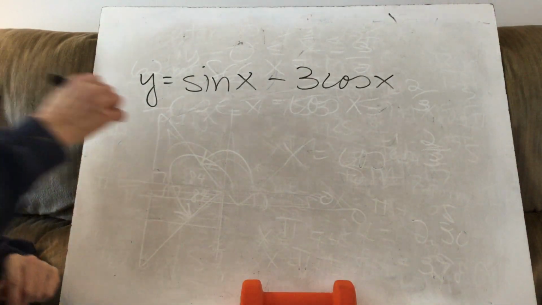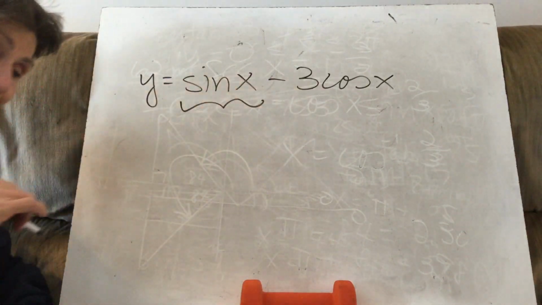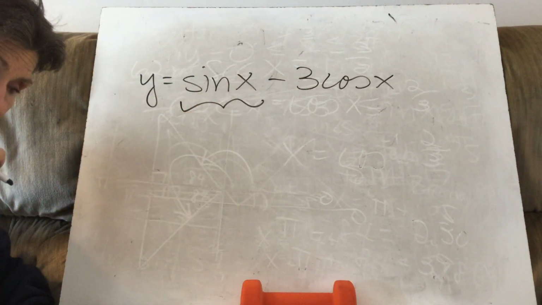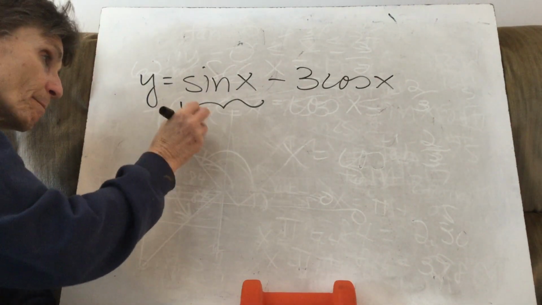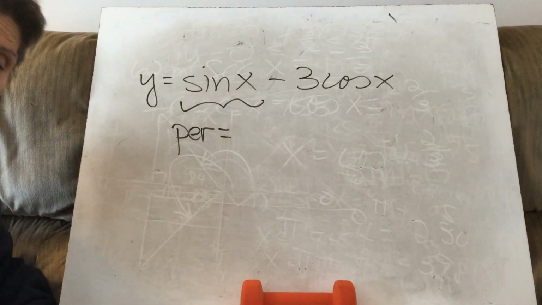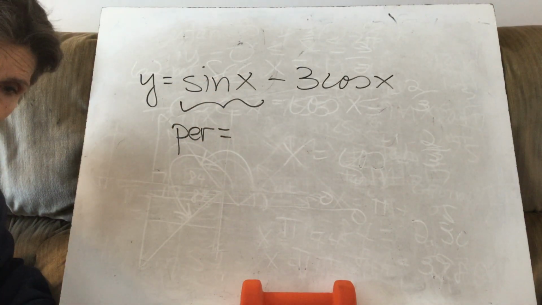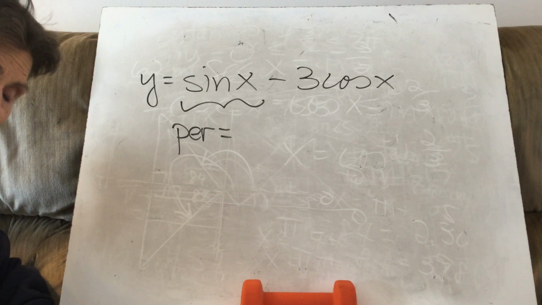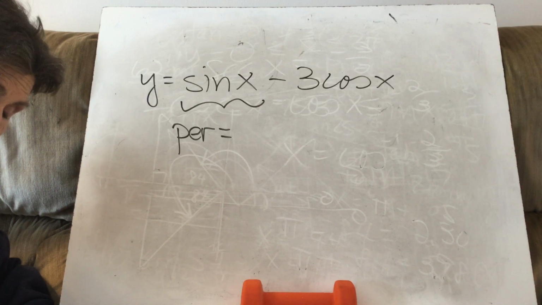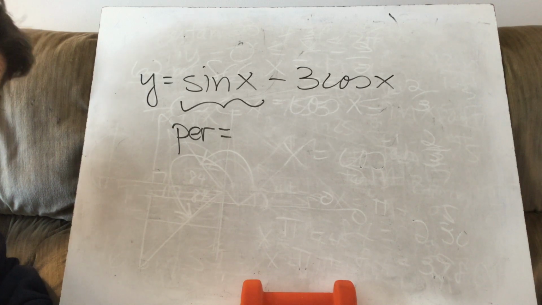Well, I want you to look at this part of the equation. What is the period of the sine? Who remembers what the period of the sine is? This is a biggie.